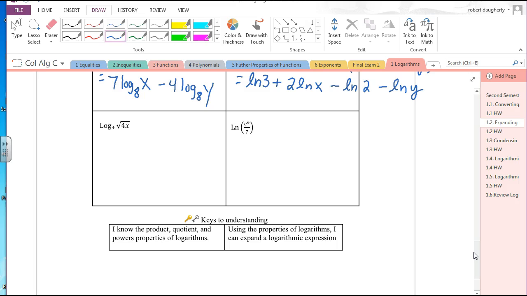Do we have a rule over there for square roots? Do I have a rule that deals with square roots? No. Okay. So my only hope is, can I write the square root as something else? Yeah. The square root of 4x, that's the same as 4x to what power?